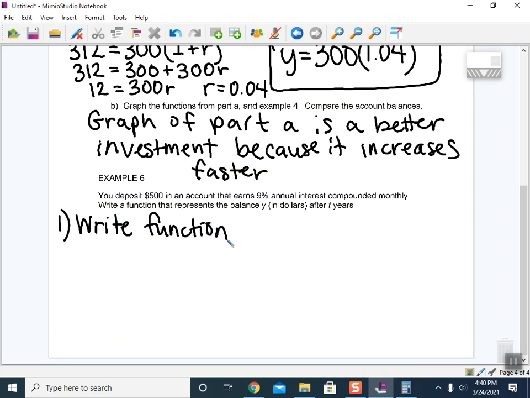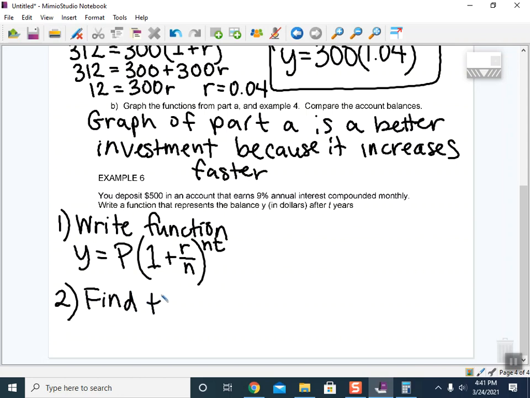And your formula for that, you're going to use y equals p times 1 plus r over n raised to the n times t. That's the first thing you're going to do. Second thing I would like you to do is find the balance after 3 years.